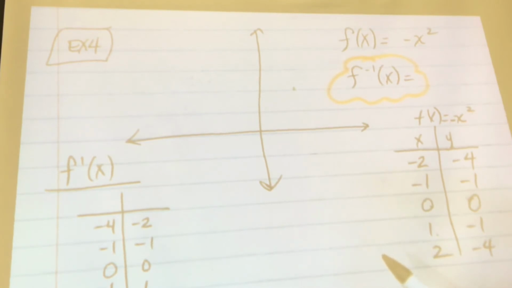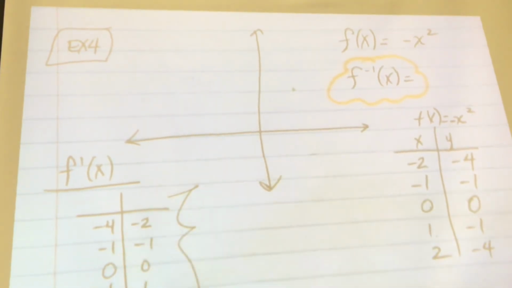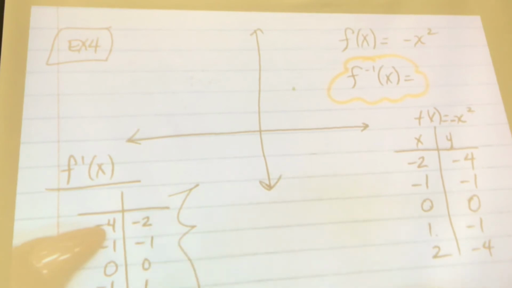Can you take a guess whether or not the inverse is a function or not? Why? Very good. How come it's not a function? There's two of these. We got negative 4 goes to negative 2, and negative 4 also goes to 2. Are we allowed to have two different values? No. So it's not a function.